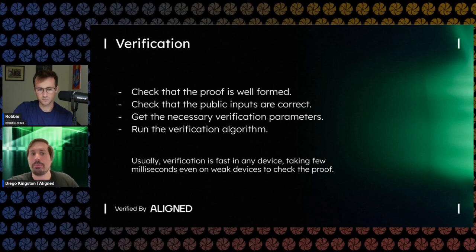Maybe you have to compute some functions and then do some basic checks. And the good thing is that verification in general is very fast. Okay, it can be in the order of milliseconds or even less. And no matter if your computation was super complicated or super hard to prove, the verifier has to do a lot less work than the prover.